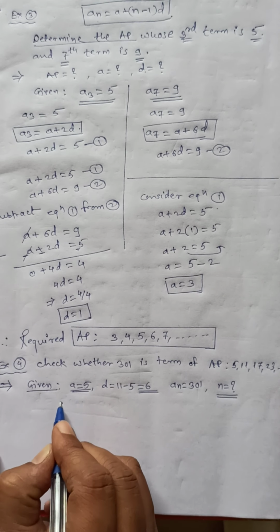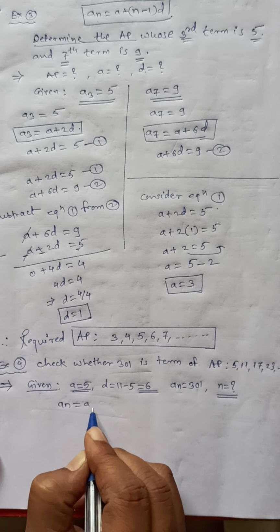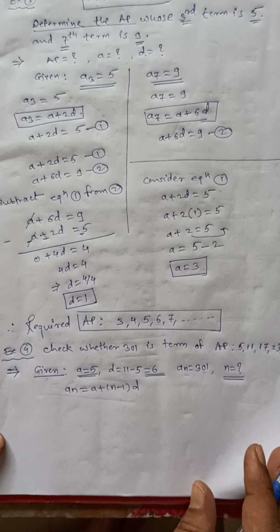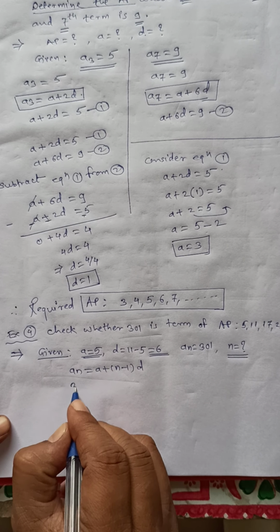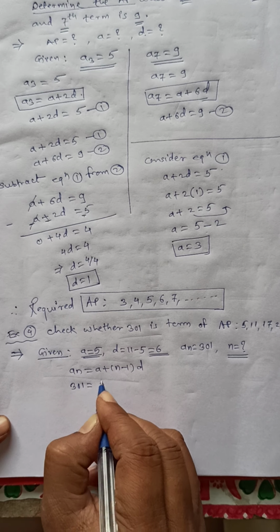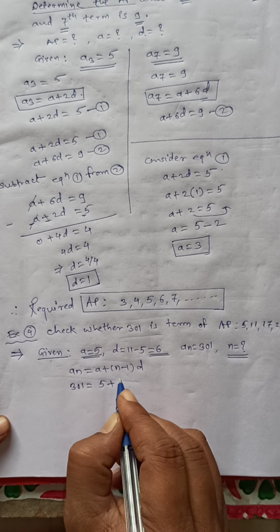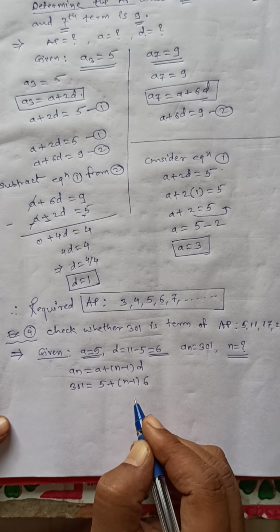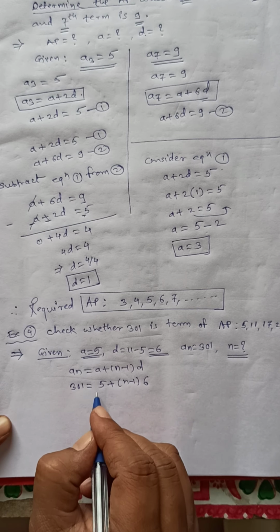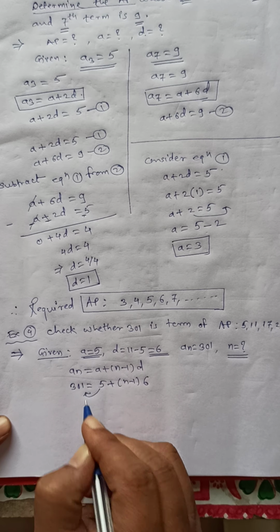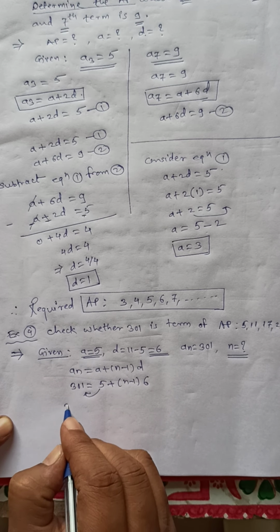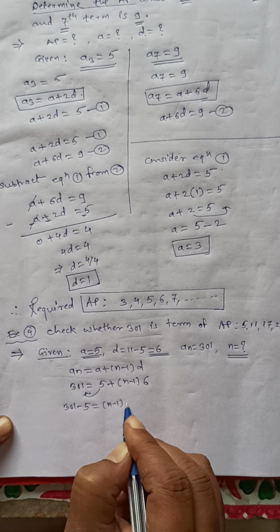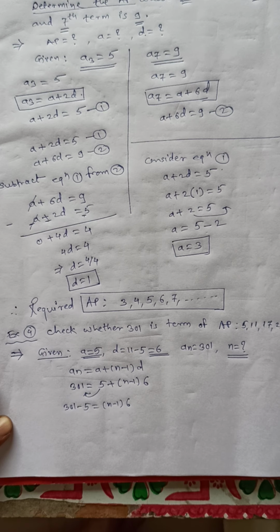So we know the formula: an is equal to a plus n minus 1 into d. An is given here: 301 is equal to 5 plus n minus 1, n we have to find out, into the common difference 6. So 5 we will shift to this side, it will become negative. So 301 minus 5 is equal to n minus 1 into 6.